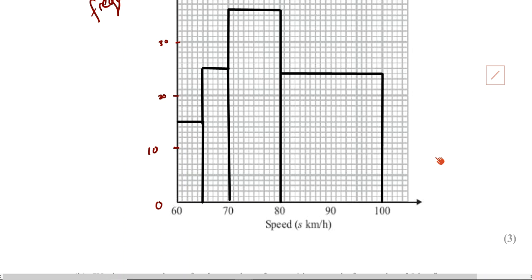But the trouble is, because the groups are bigger, like that last one is a really wide class interval, of course it's going to have a high frequency. But does that mean in general more cars go at those high speeds? No. But if I draw my graph like this, my eye gets drawn to those high speeds.